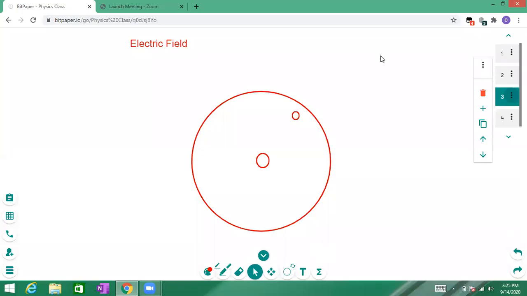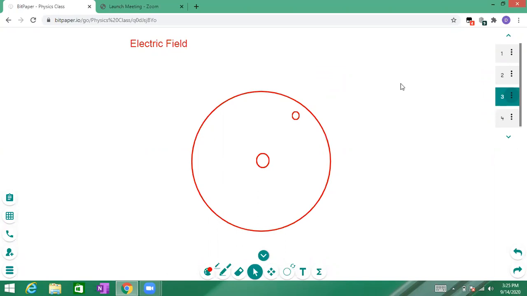Today's topic of discussion is electric field. We already discussed Coulomb's law, which is all about how two stationary charges interact and apply force on each other.